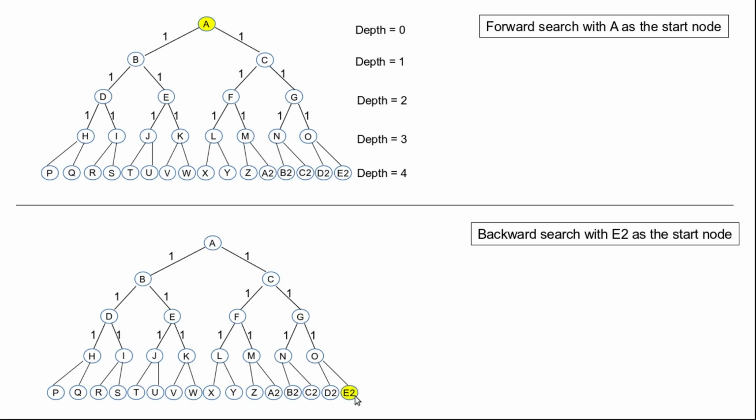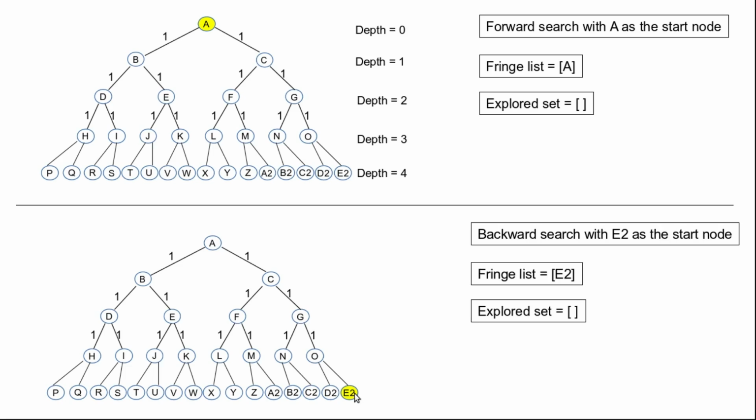The goal state was E2. Now let us use breadth first search for each of the two searches. So we will perform the forward search using BFS, and we will also perform the backward search using the BFS algorithm.